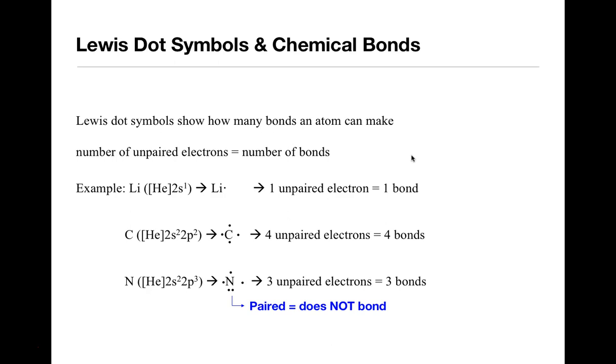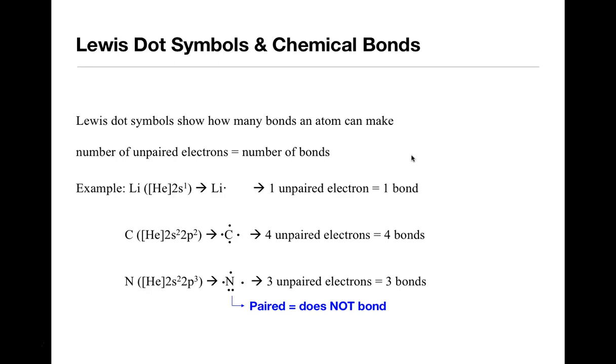So now, Lewis dot symbols and predicting the number of chemical bonds that an atom can make. We're going to branch a little bit off from ionic compounds to touch on molecular compounds, but it still applies when dealing with ionic compounds. In addition to being a convenient way to represent the number of valence electrons around an atom or ion, Lewis dot structures can be useful for predicting the number of bonds a particular atom can make.